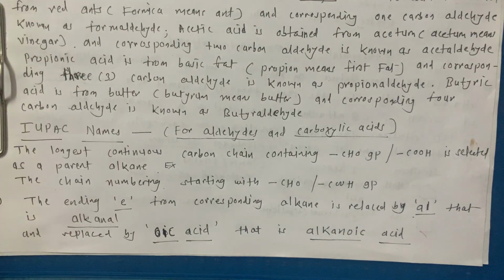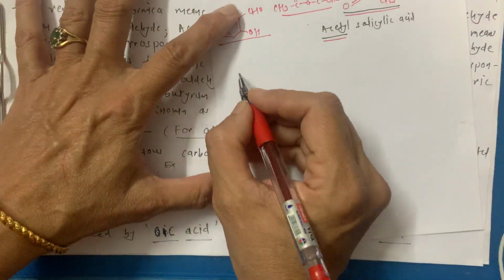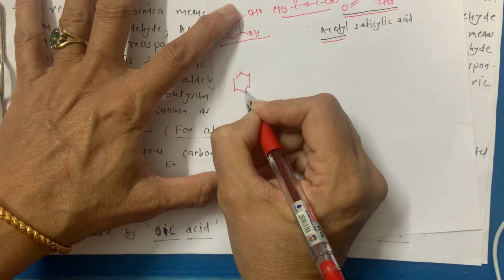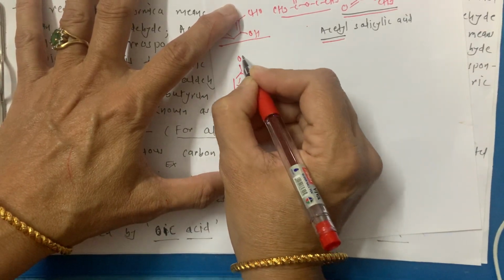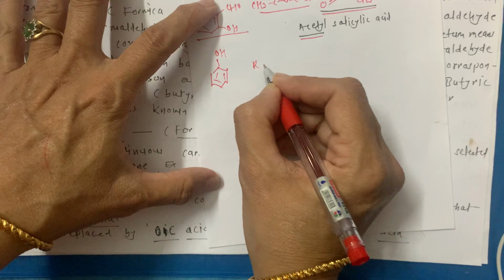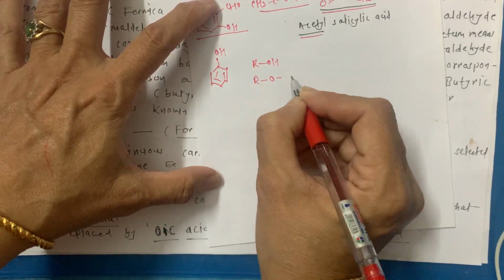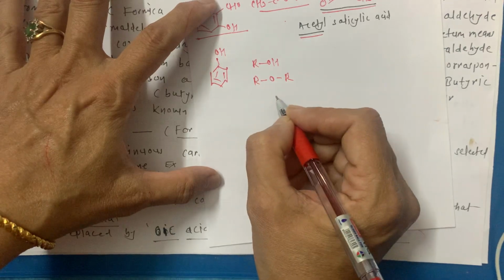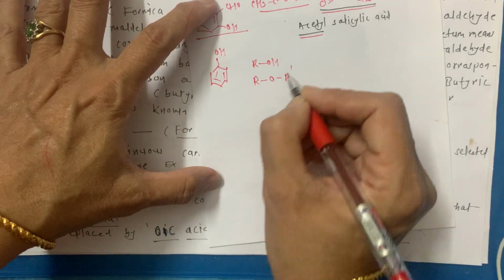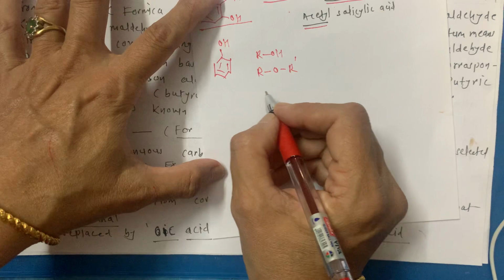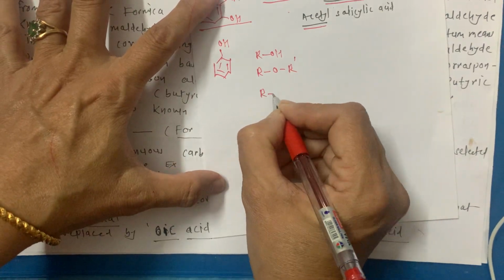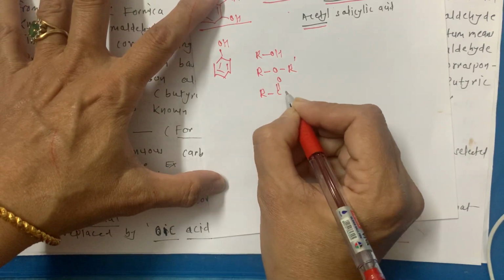When I ask you phenol, then in your mind the structure should be like this. This is phenol. If I ask you alcohol, then it should be ROH. If I ask you ether, the structure must be in front of you, ROR, where R may be the same or different. If I ask you aldehydes, you have to know this is RC double bond OH.